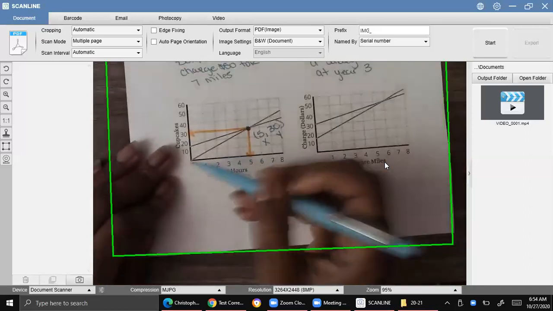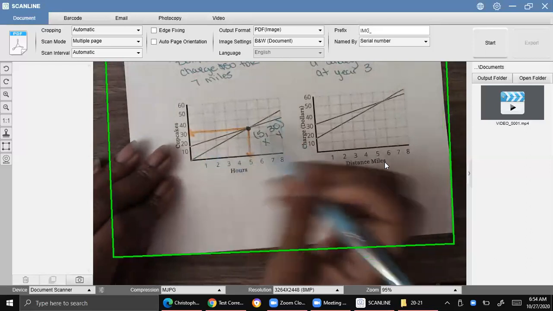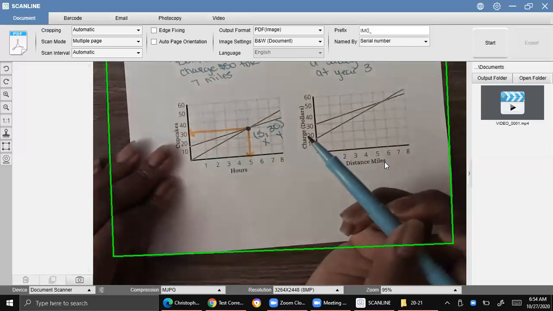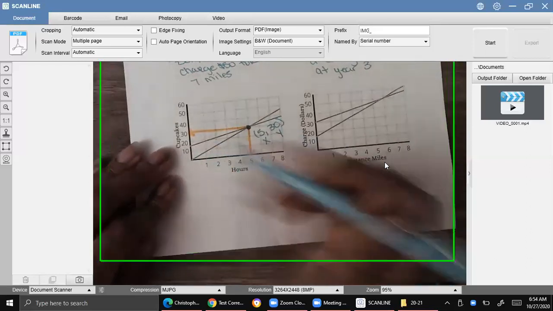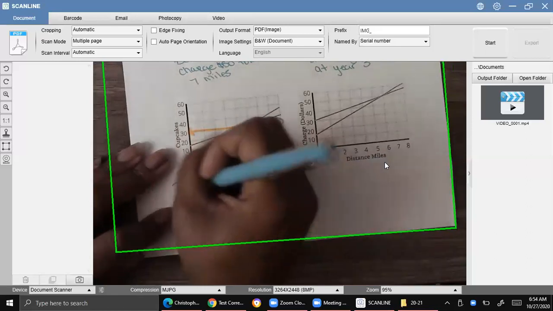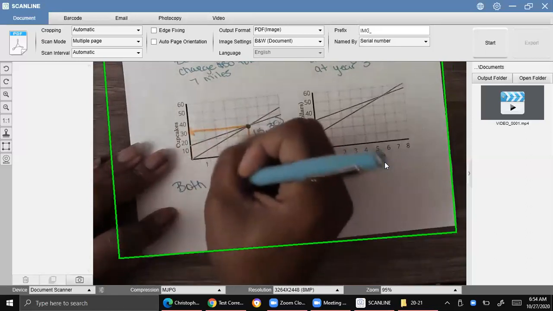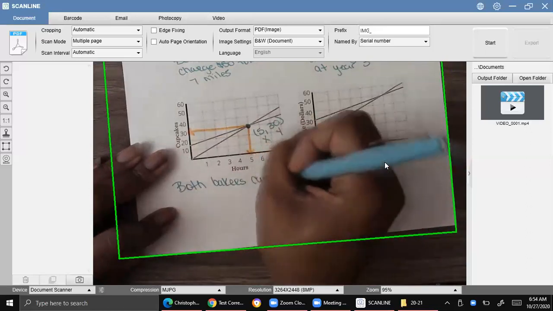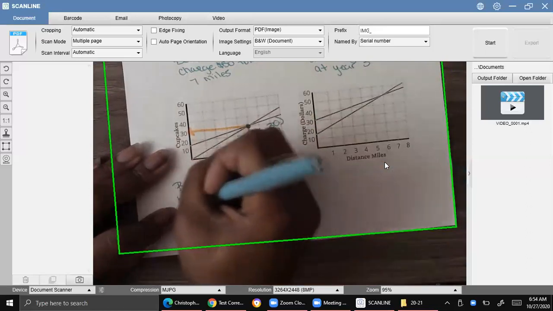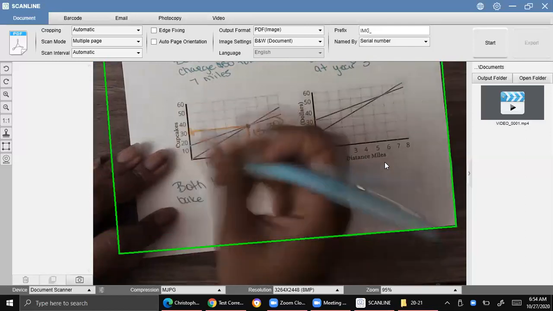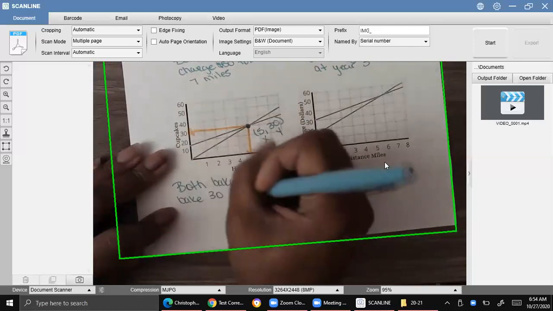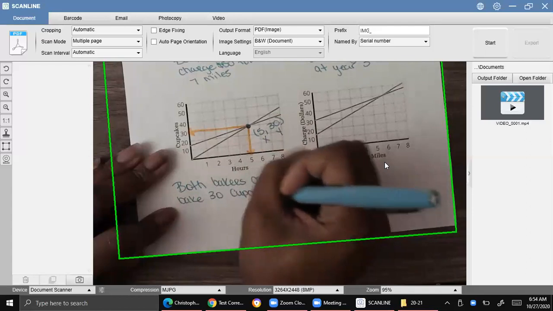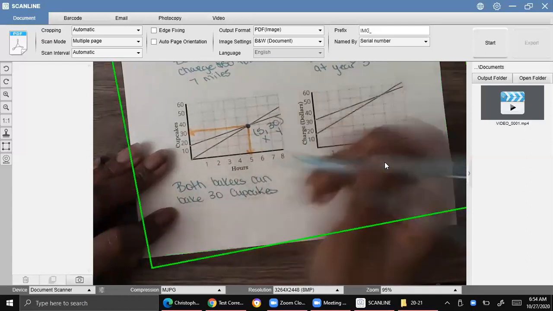So this is two different bakers, and what I can see is that both bakers can bake 30 cupcakes in 5 hours.